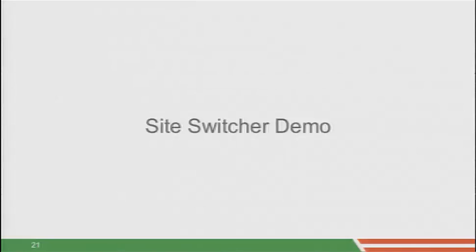Sure. Okay, so the question is about device detection and site switching. It appears from the demonstrations that you're going to require separate JSPs and JavaScript for mobile versus tablet versus normal site. And the answer to that question is yes for Spring Mobile.